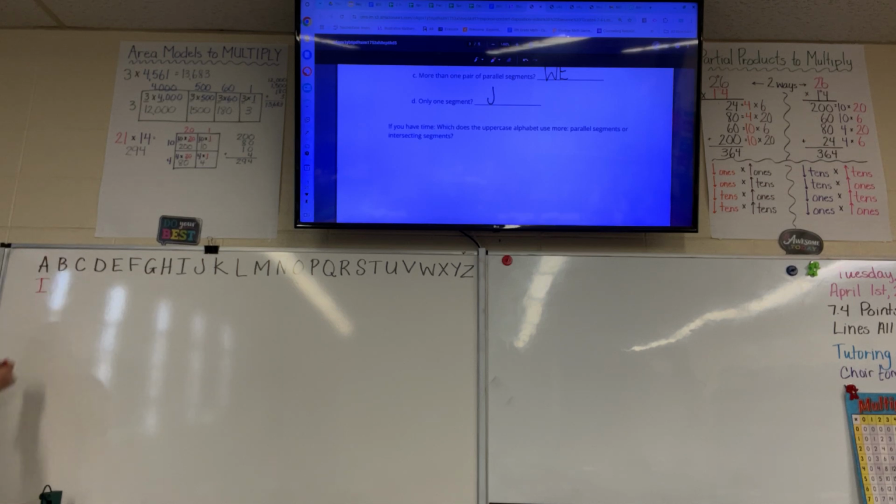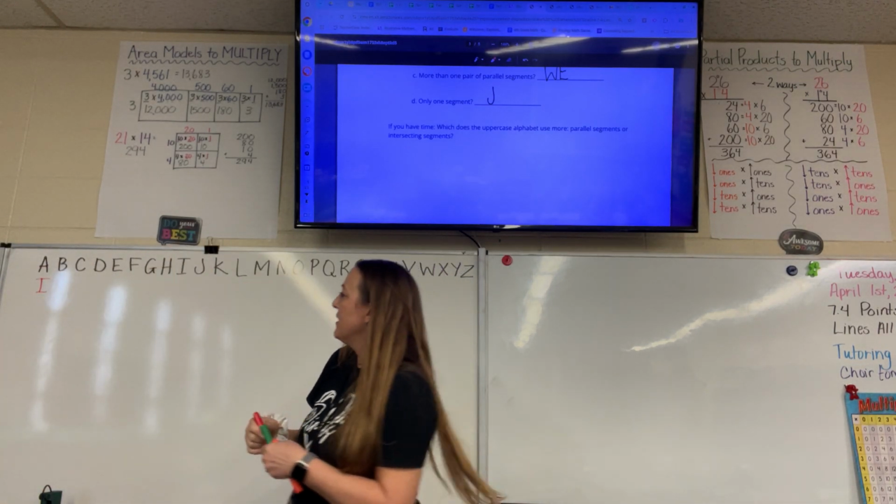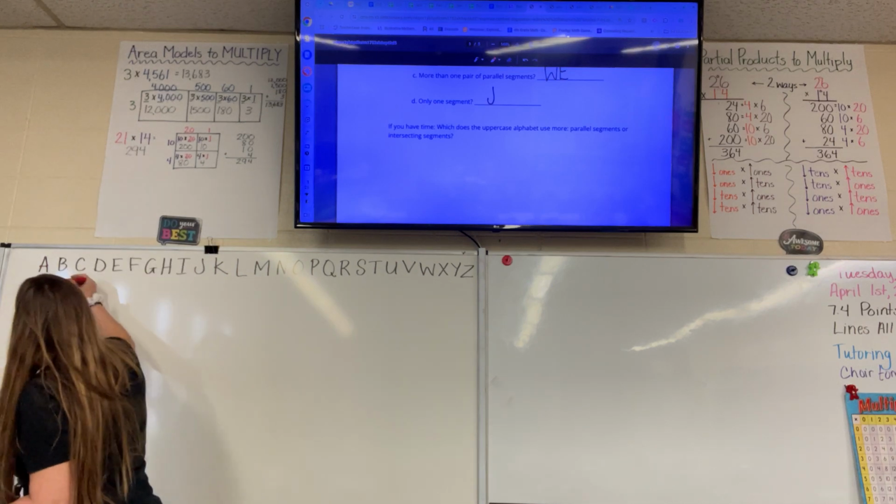And right here. So intersecting means they cross. Okay. Todd. We're not going to do B or C or D because all of those have what kind of lines? Curved. And so we're going to skip those.